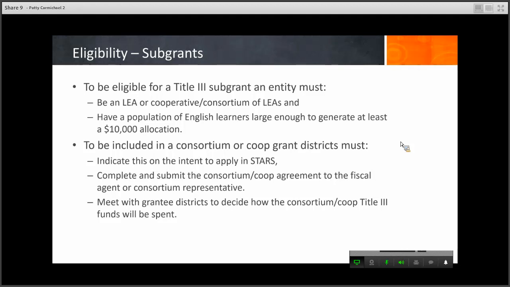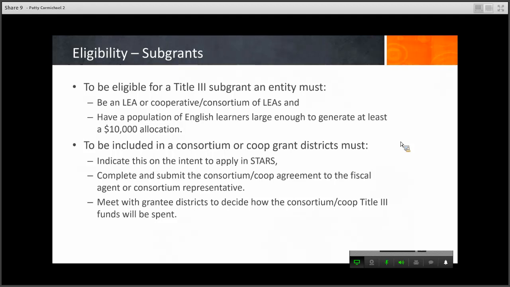Also, if you combine districts, you still need to have at least that $10,000 allocation. So you must get enough districts together to generate at least that amount. In order to be included in a consortium or a co-op, you must make sure that you have indicated this in STARS. There's an intent to apply section in STARS for federal programs, and in that section you must click the option that shows you want to be included in a consortium or co-op.